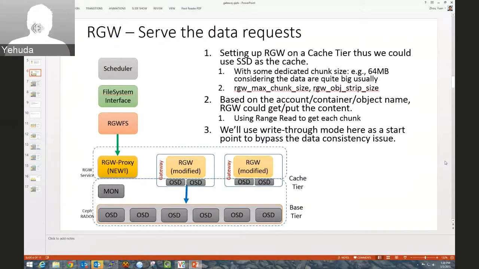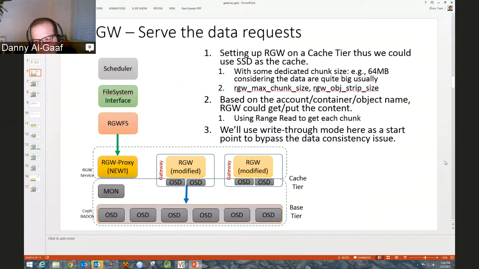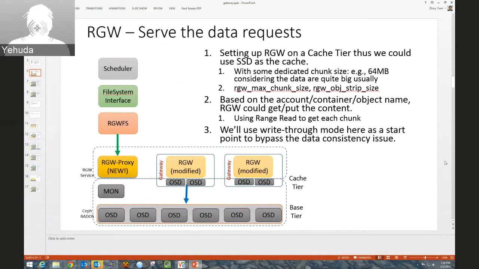If I understand it correctly, you'll send each request to the RGW that you know is closer to the data, right? Yes. So you might have one read that's split into a few chunks, and each chunk is going to go to a different RGW. Yes. Just note that with this setup, each RGW is going to do two reads.